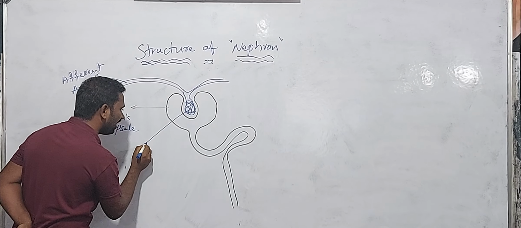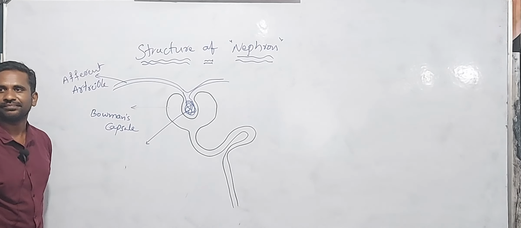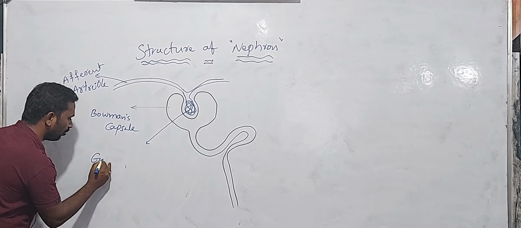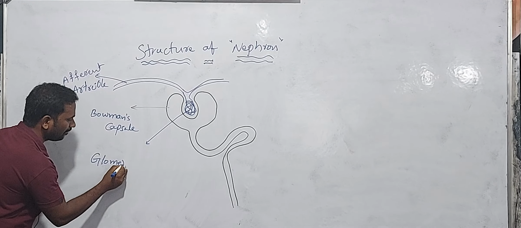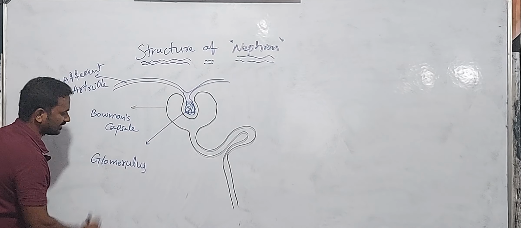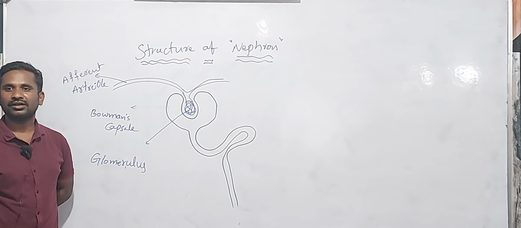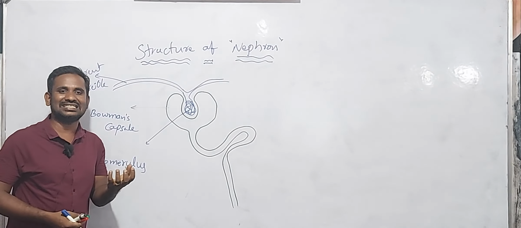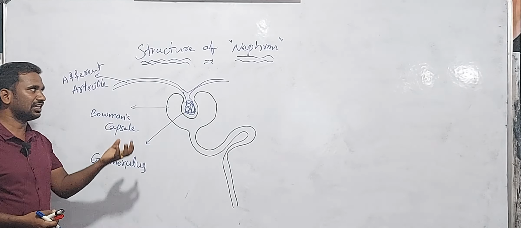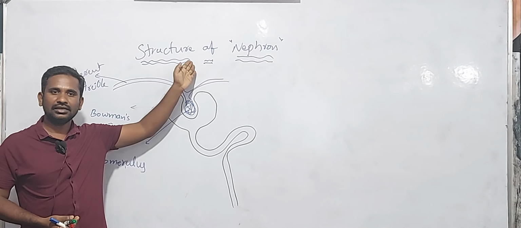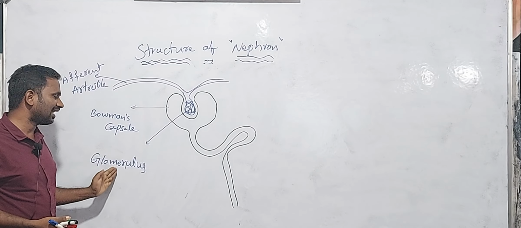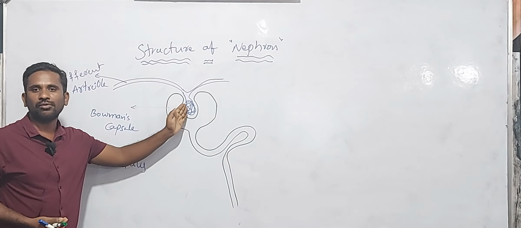This blood capillary network is known as the glomerulus. Understand? Yes. So now we can observe distinct regions in the first region of the nephron, that is the Bowman's capsule, and it has a glomerulus.